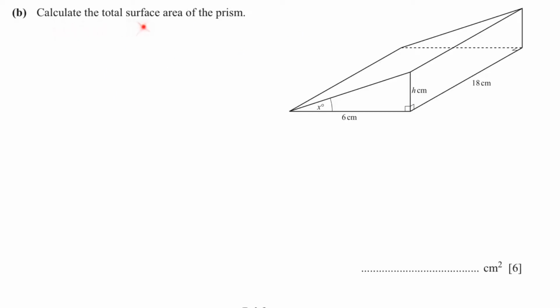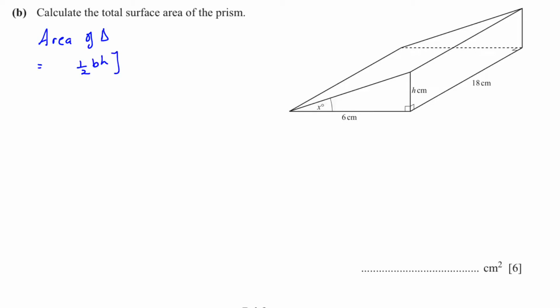Part B, calculate the total surface area of the prism. This prism has 1, 2, 3, 4, and 5 faces. The triangles at both the sides are equal. So let's first find the area of the triangle. It's half times base times height.